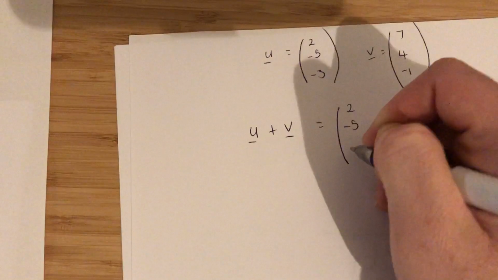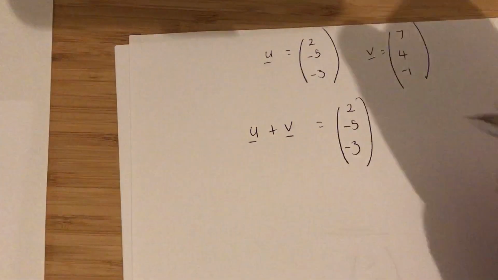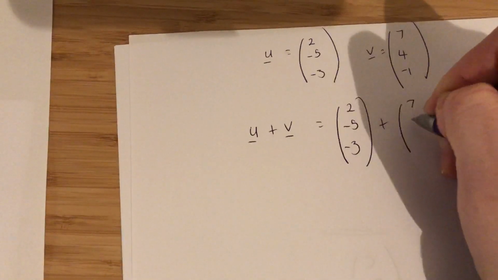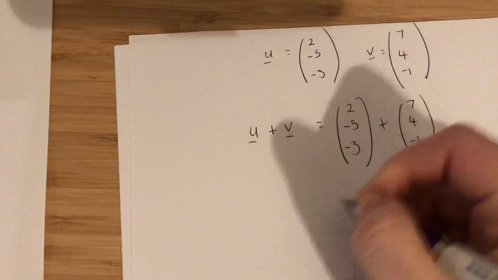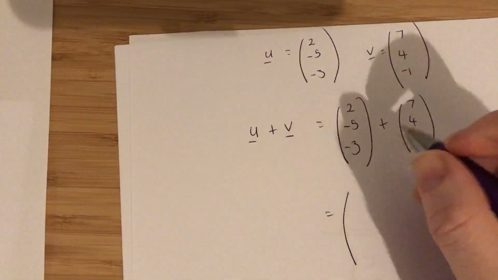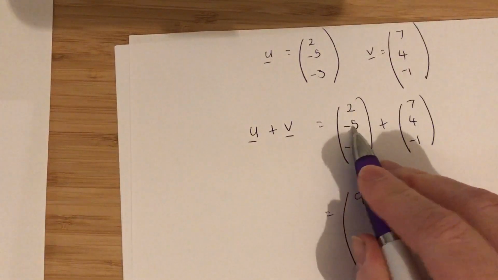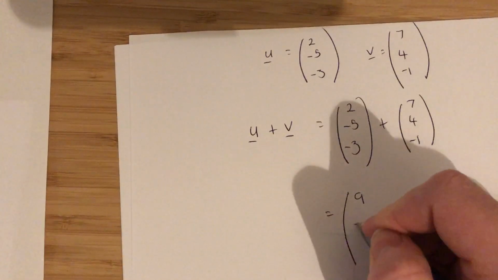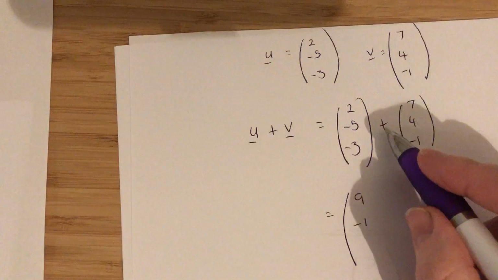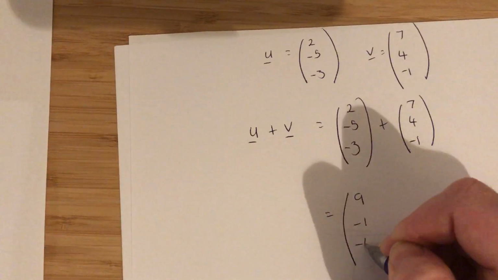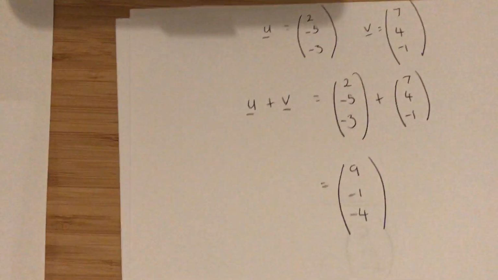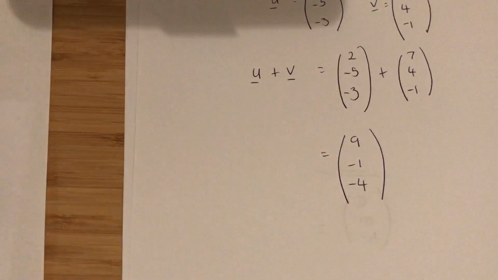As we just did in the previous one, I'm now substituting in what u is, plus 7, 4, negative 1. So we've got 2 plus 7 on the top, so 9. Negative 5 plus 4, negative 1. Negative 3 plus negative 1, so that goes down to negative 4. So we have 9, negative 1, negative 4 there.